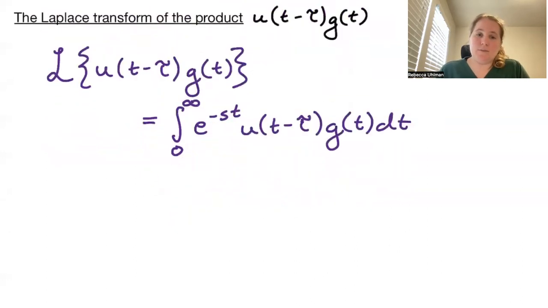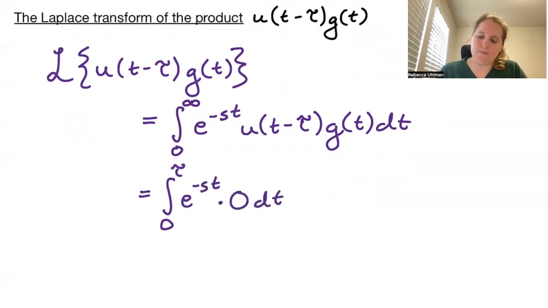U of t minus tau times g of t is 0 from 0 to tau. So we have 0 to tau for a definite integral, e to the negative st times 0, then dt.